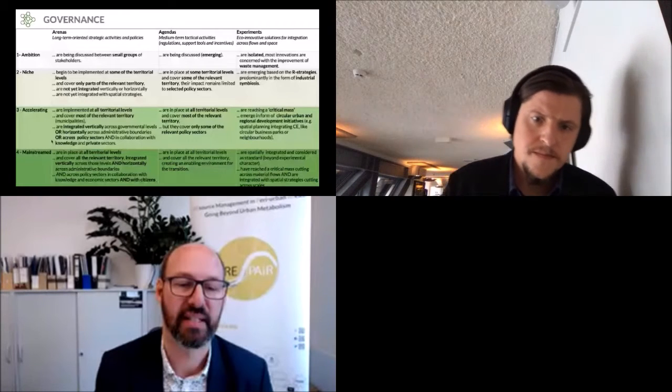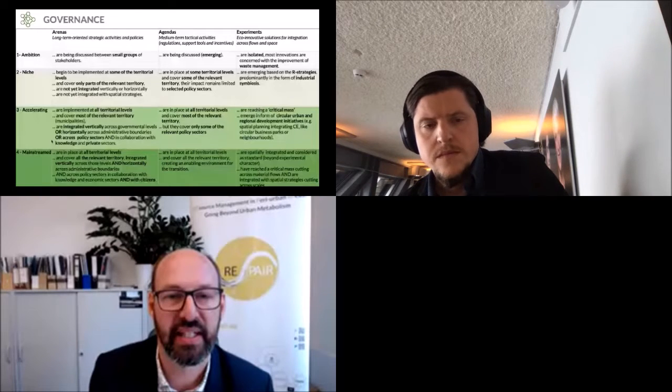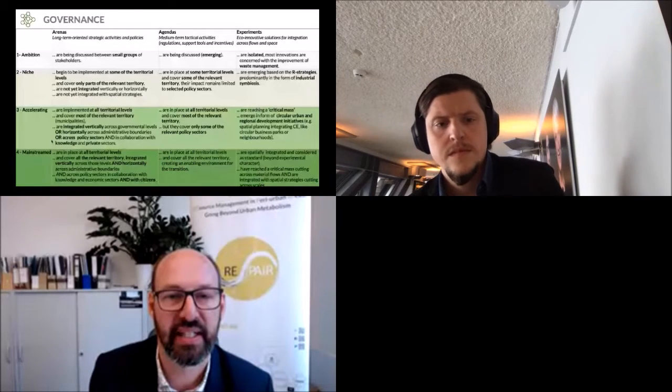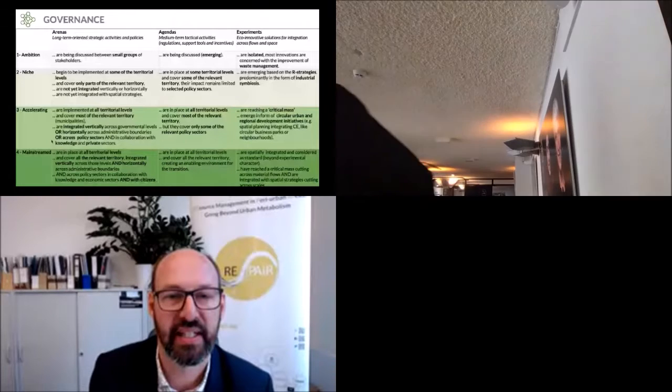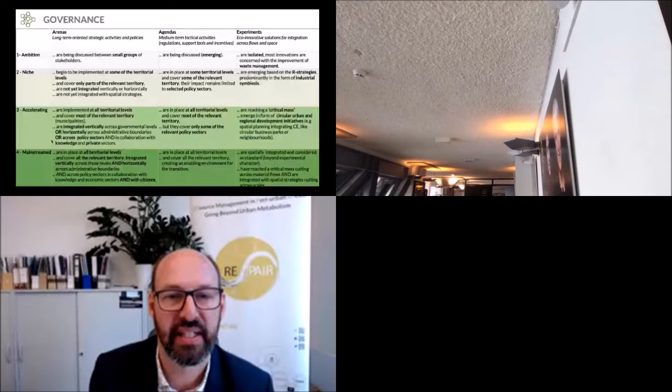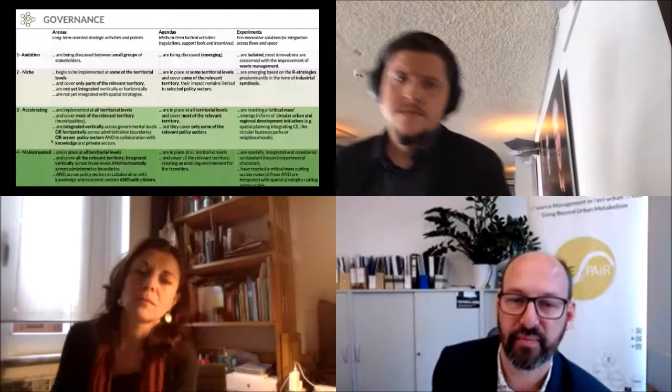Moving to the next column, to the agendas, which are the medium-term technical activities. For the ambition level, they are emerging, they are being discussed, while in the niche, they are in place at some territorial levels and in some of the territory, but their impact remains limited to selected policy sectors.